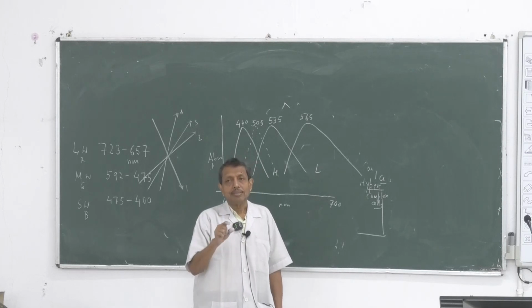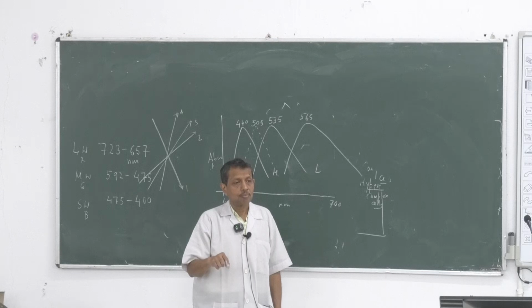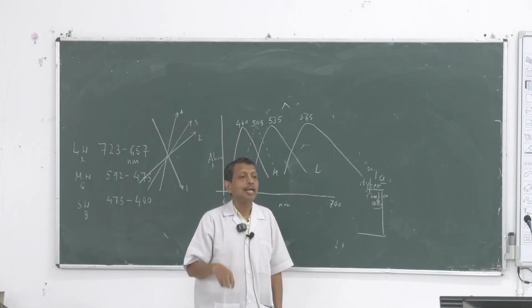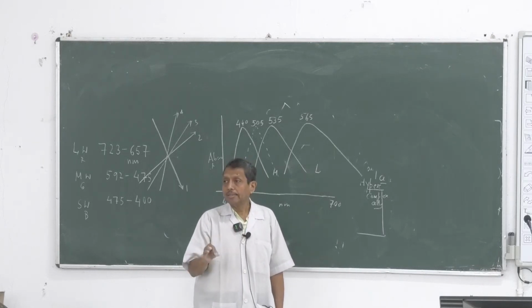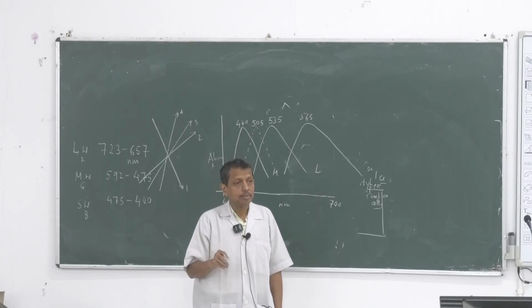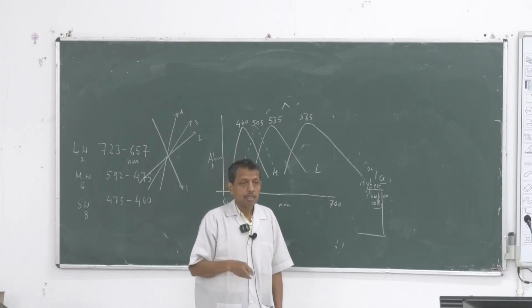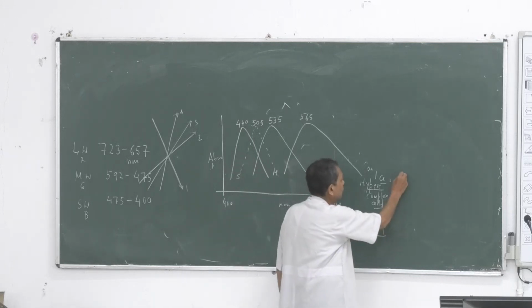In the lateral geniculate body there are 6 layers from dorsal to ventral. Ganglion cells are of 2 types: magnocellular layer and parvocellular layer. Parvocellular, magnocellular is large.